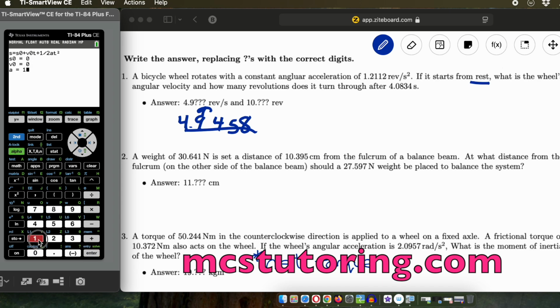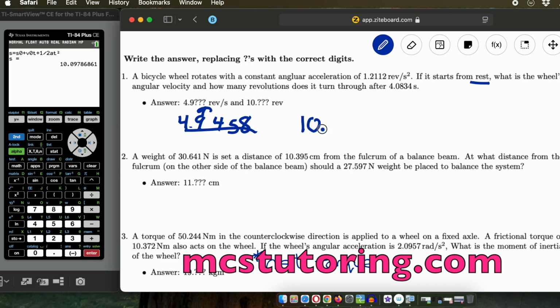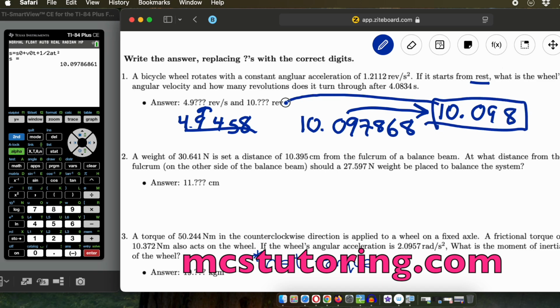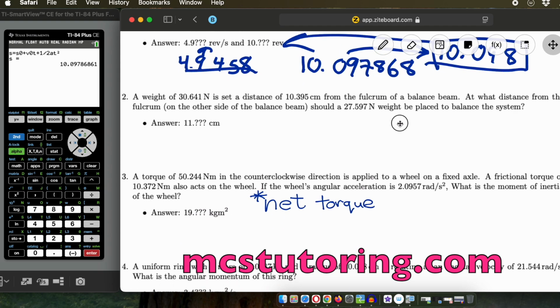The acceleration is 1.2112, and the time again is 4.0834. It looks like it's 10.097868. We're going to go to 3 decimal places, so this rounds to 10.098. I didn't put the units because it already has the revolutions per second. So we're good. One problem down, three left.